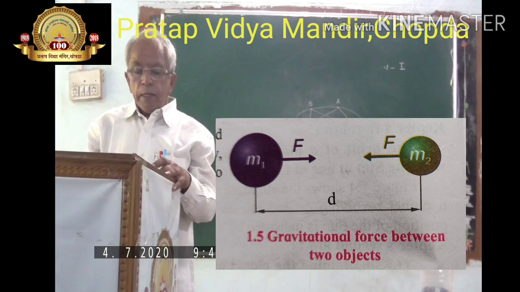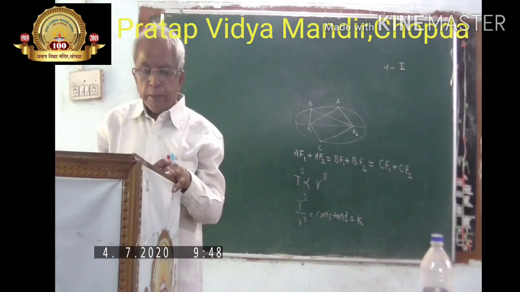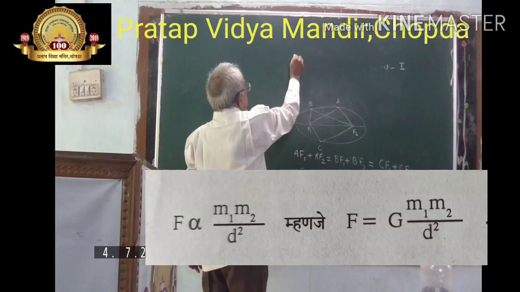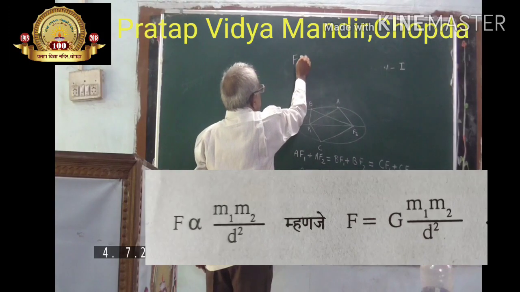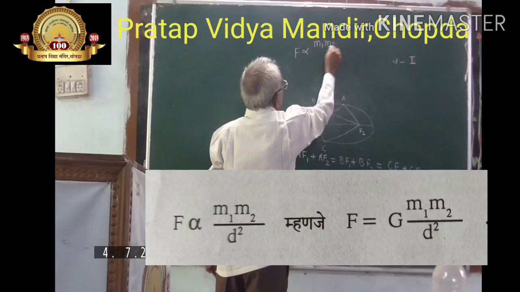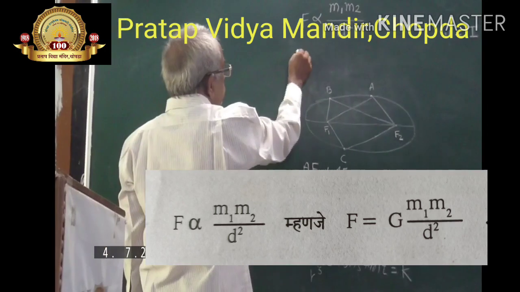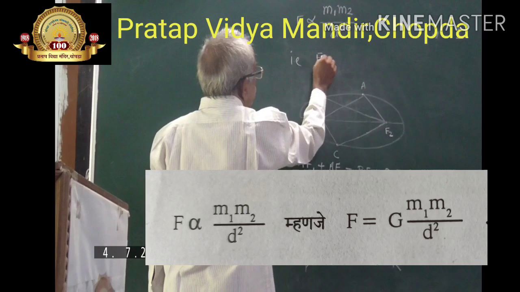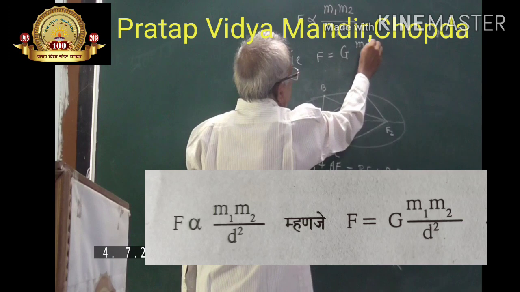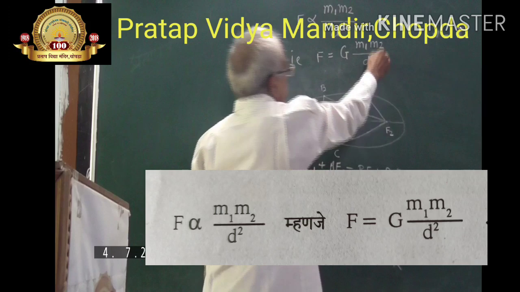Mathematically, the gravitational force of attraction between these two bodies can be written as F is directly proportional to M1 M2 upon d square. That is, F equals G M1 M2 upon d square.